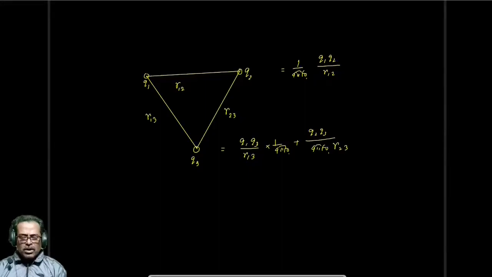Therefore, the total energy stored in this system will be equal to the sum of these three, and so on. If you want to increase the number of charges, it will be increased in this way.